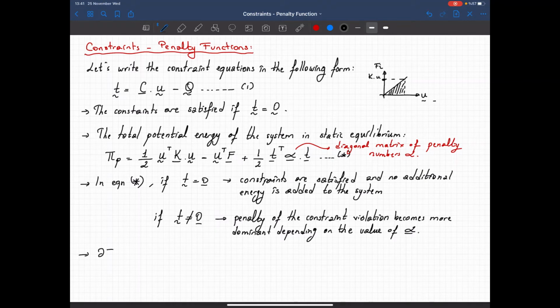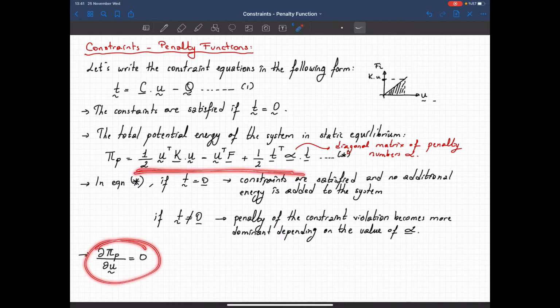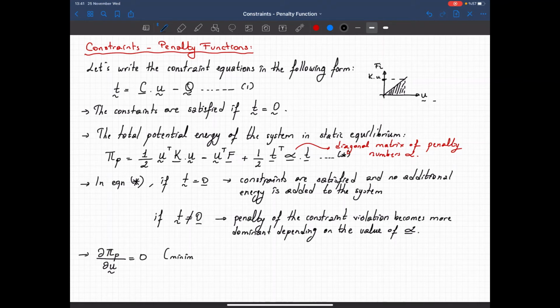So that's the condition. Okay, I want to have this to be minimum. So this is the condition of having that equation to be minimum.